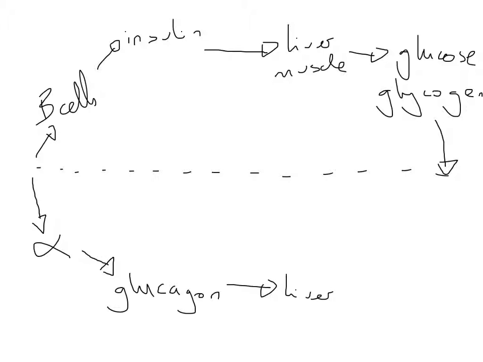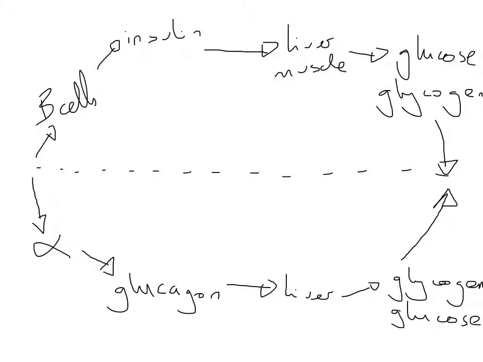Now this glucagon brings about responses including converting glycogen, which is the storage compound, remember, into glucose. And this glucose is then used to raise blood glucose levels.